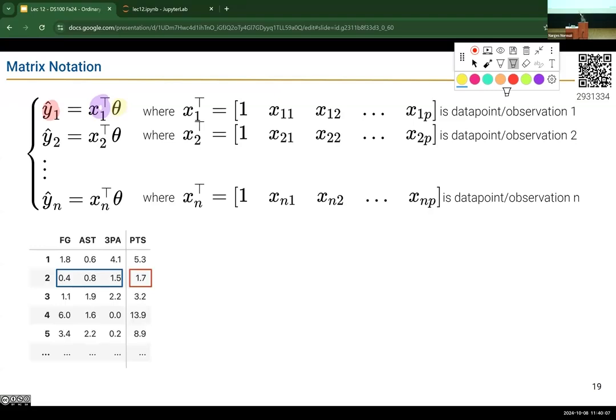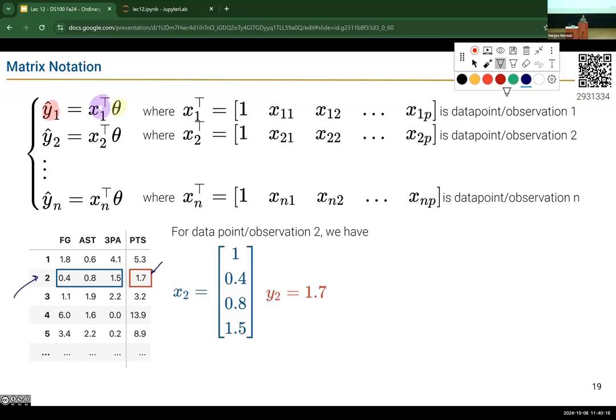Again, if you take a look at what's happening with the NBA data set, this is exactly the single observation that I have with 3 different features, and this is the target value. In order to make a prediction, my observation is now going to be 0.4 right here, 0.8 right here as a feature, and then 1.5 right here.